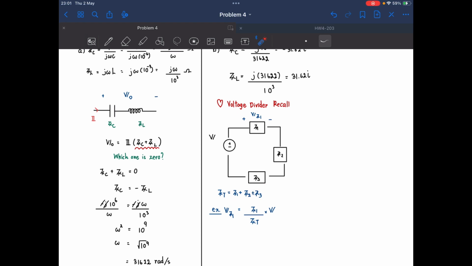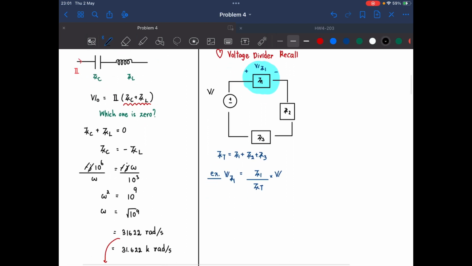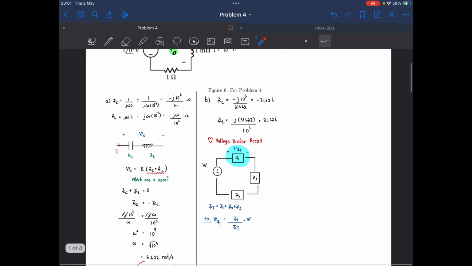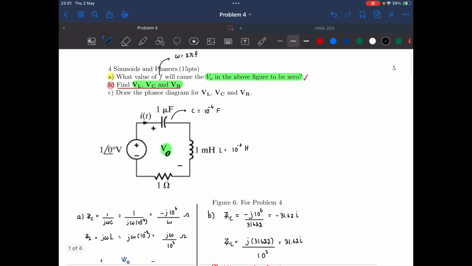The C total for this circuit is C1 plus C2 plus C3. In case we want to know the voltage drop across this C1 here, the formula for it is the voltage equal to C1 over CT multiplied by V. Let's apply it to this problem too, and we have the V out here, right?